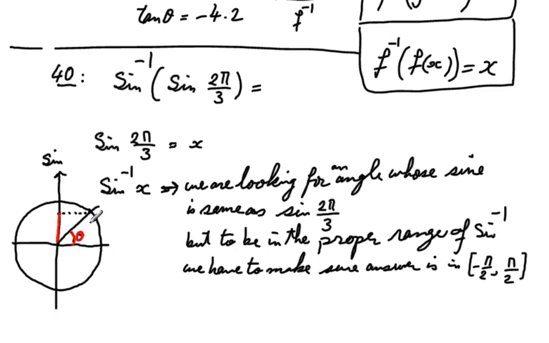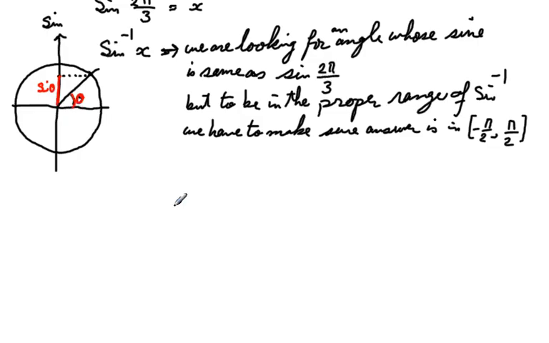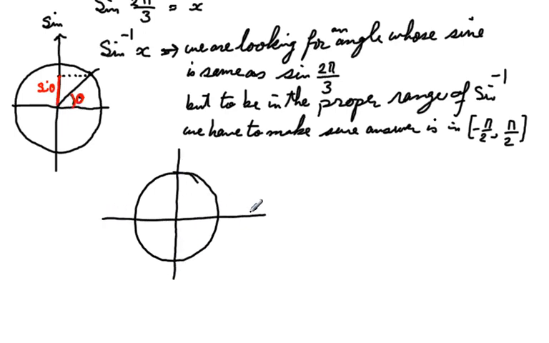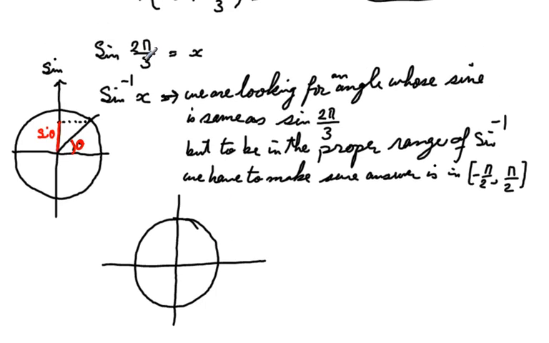Okay, what is happening here? I have 2 pi third. Which quadrant is that in? 2 pi third, 120 degrees, I'm somewhere here. I want to know my sine. So how do I get the sine? I come here. This is the sine of 2 pi third.